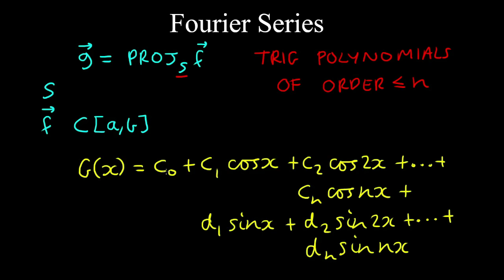So this polynomial is of order n if the constant cn is not equal to 0 or dn is not equal to 0.